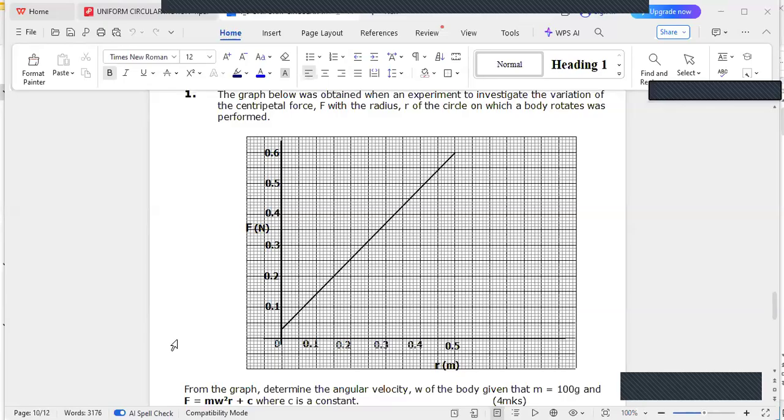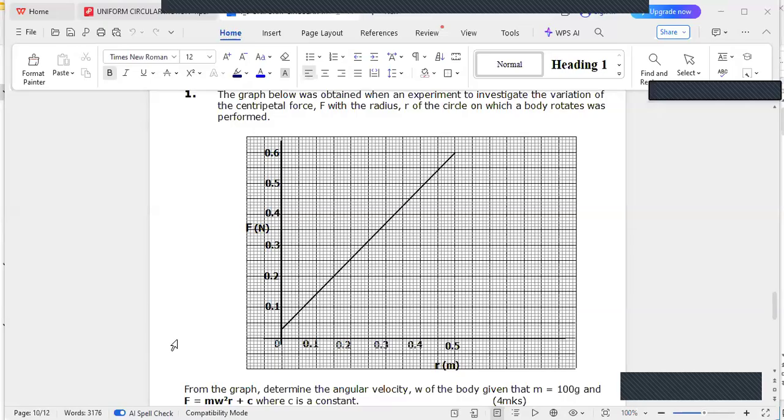F cancels with y. What is on the x-axis is r, so x cancels with r. What are we left with? We are left with m omega squared, which is equal to the slope, represented by m.